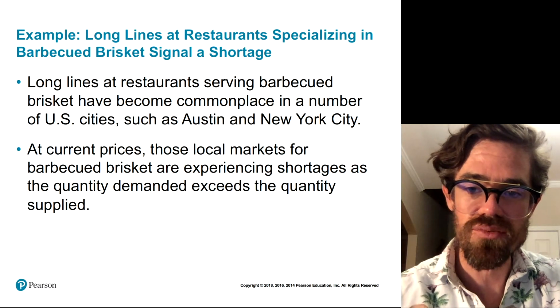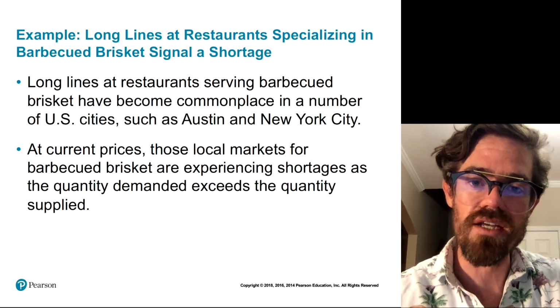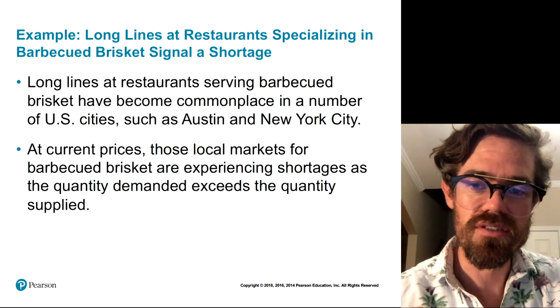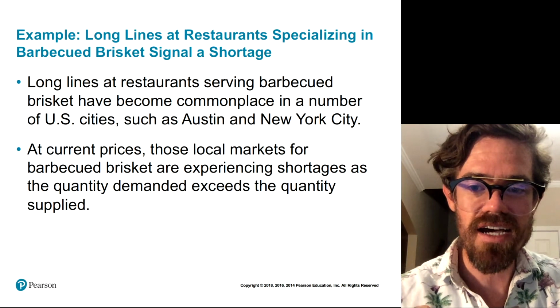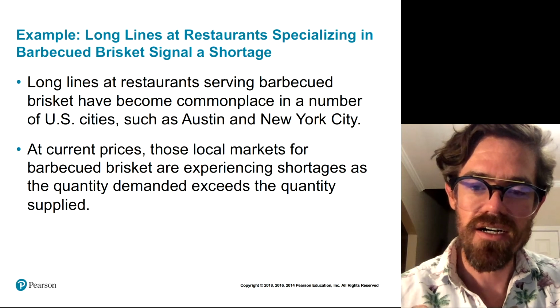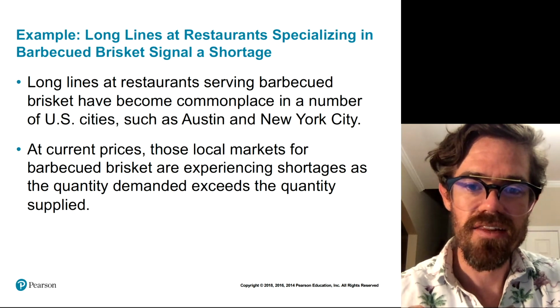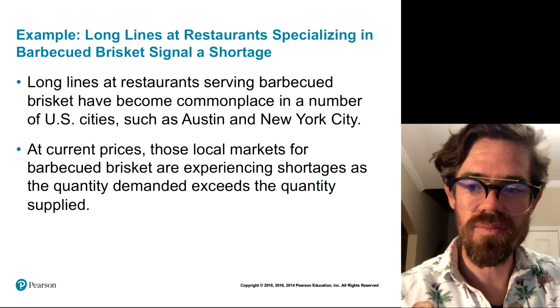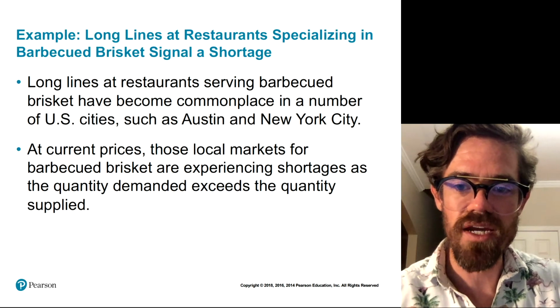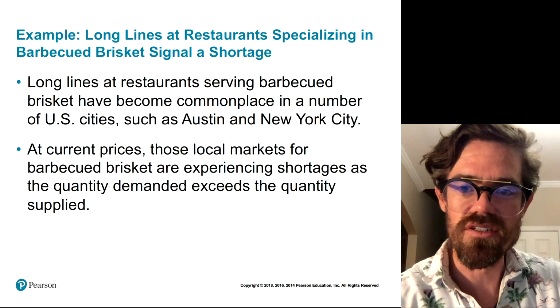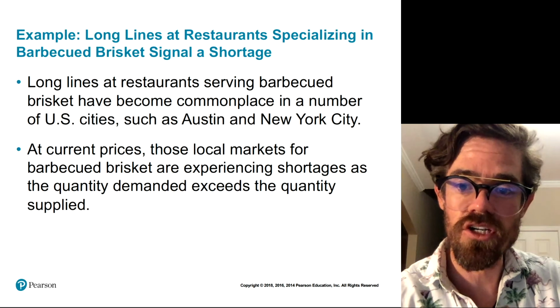And the shortages result in people having to wait in line. So in these markets, the price is not high enough. It should be higher. And since it's not higher, the quantity demanded exceeds the quantity supplied, which results in people having to wait in line. So that's one result of a shortage: lines or queues.